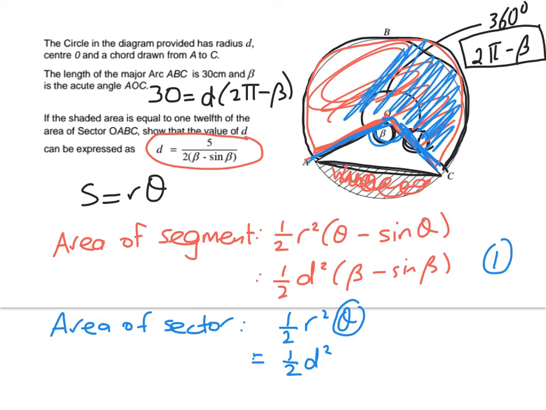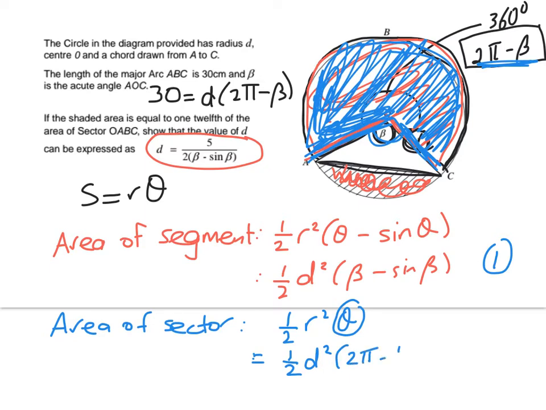So the angle I need to work with is the one that's going to give me all of that there. And that's going to be 2 pi minus beta. Okay, and that's fine. It's not a problem for the area of the sector or the arc length formula to work with angles that are greater than 180 degrees. If you think back to when we proved where those formulae came from, that proof still makes sense, right? We're dealing with a fraction of the circle which is greater than half. So we're all good. So this is area 2.